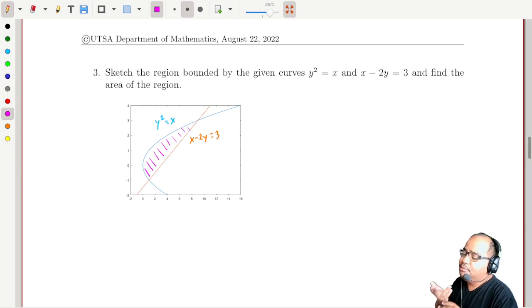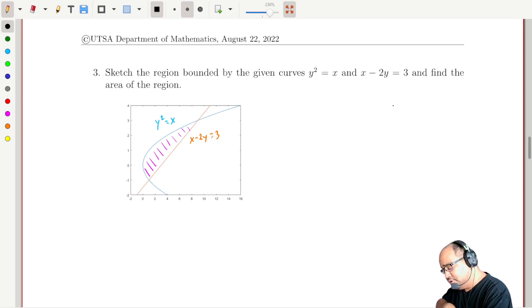Now, if we took the same approach as we did before, write everything as a function of x and set things equal to each other, we're going to come into a problem where, in some part, if our strip here is oriented there, we'll notice that it touches the parabola at both the top and the bottom. See, this is not a function of x here.